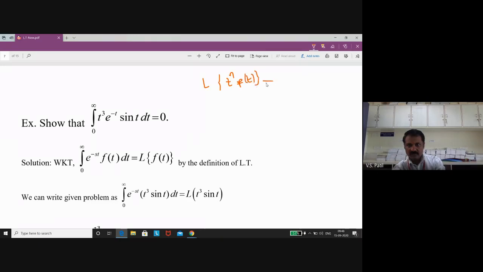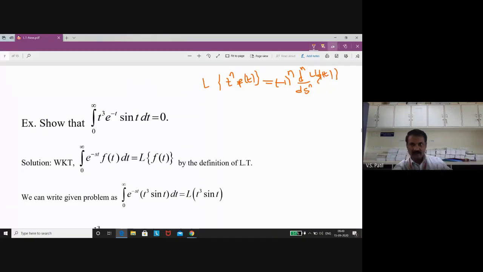To find the Laplace transform of this, you are going to use the formula minus 1 raised to n, then the nth order derivative of the Laplace transform of f of t, or simply f bar. No issues with that.